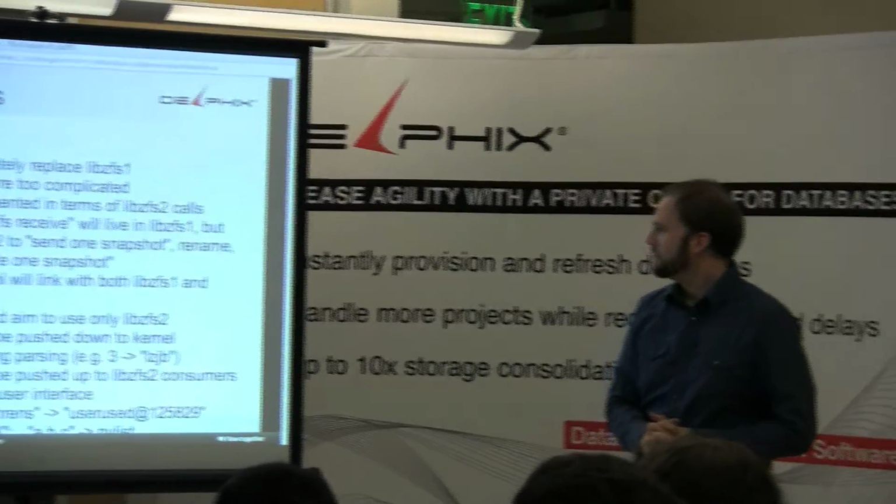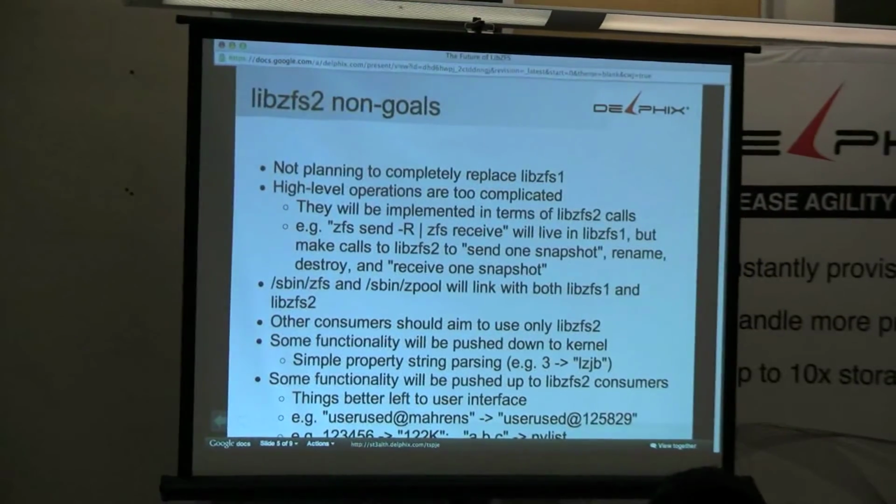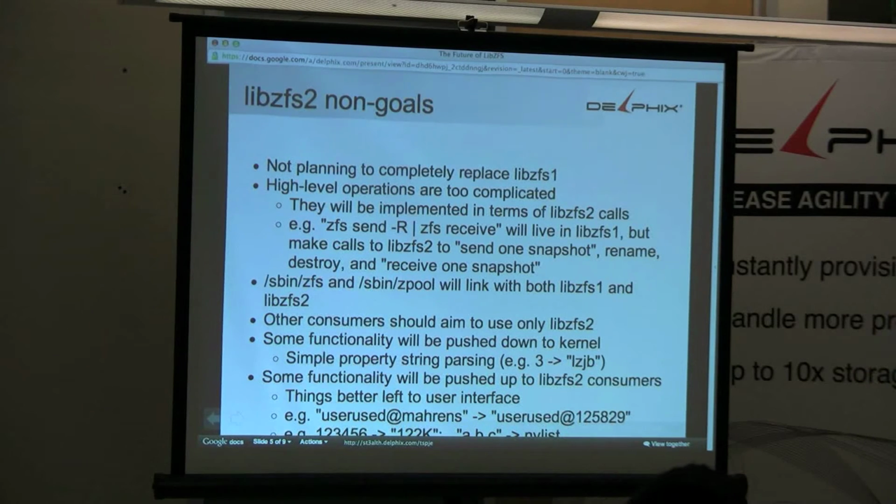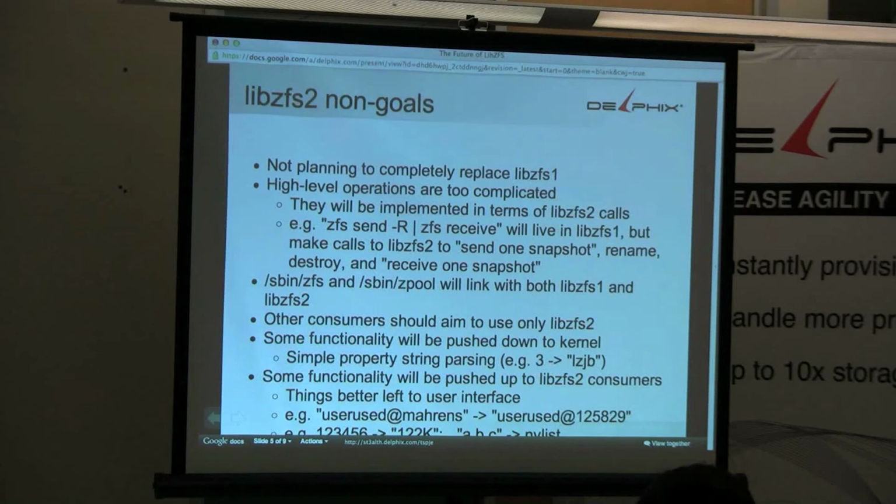I don't think that we should plan to completely replace LibZFS 1, because there are some high-level operations that are part of LibZFS 1 that are useful to programmatic consumers, for example the implementation of ZFS send -R and the ZFS receive that corresponds to that.